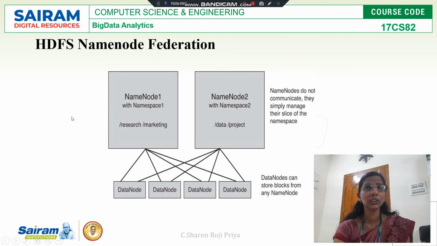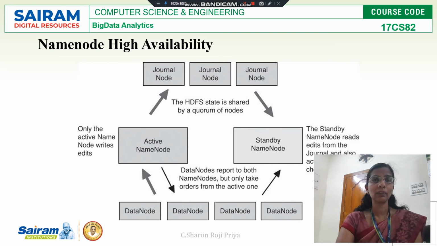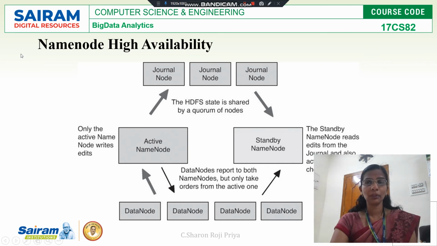And coming to HDFS name node federation, here in name node federation I will have more than one name node. The difference between name node high availability and name node federation is, in name node high availability, at a time there will be only one active name node.